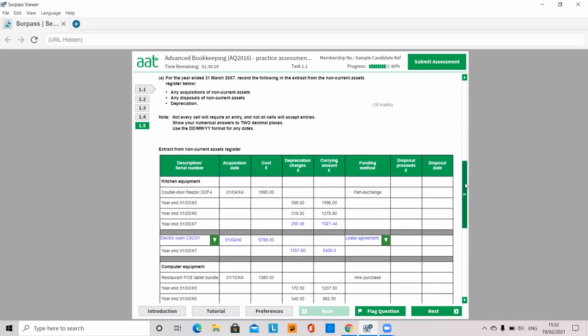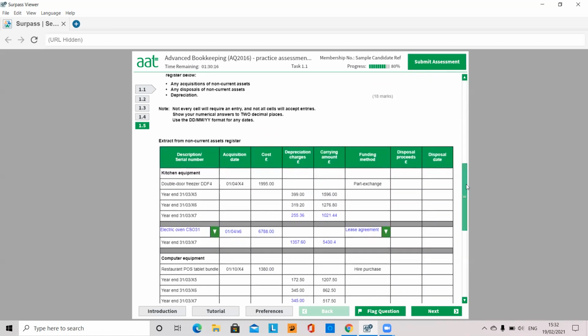So that kitchen equipment, that double door freezer, was purchased on the 1st of the 4th, funny enough, first day of the accounting year, for £1,995. Okay, do that 20%, will give you the calculation.